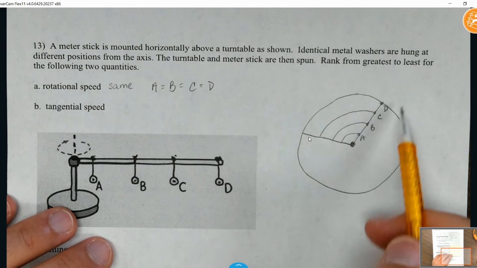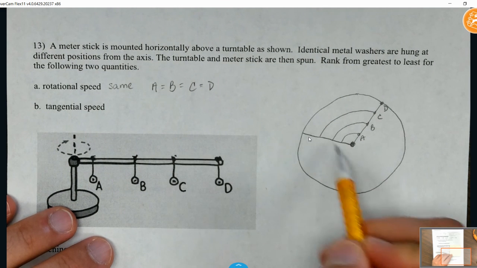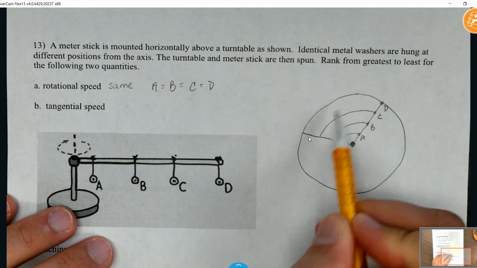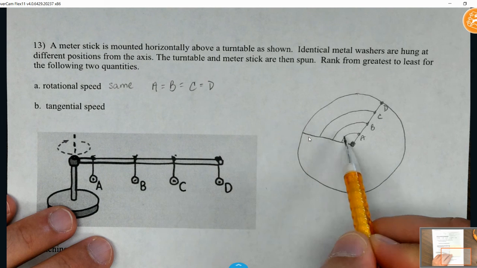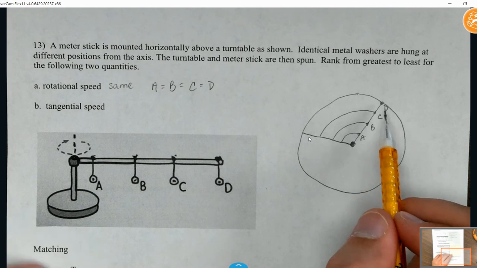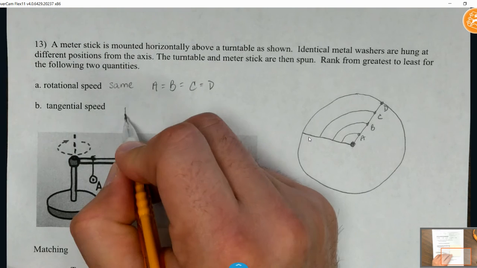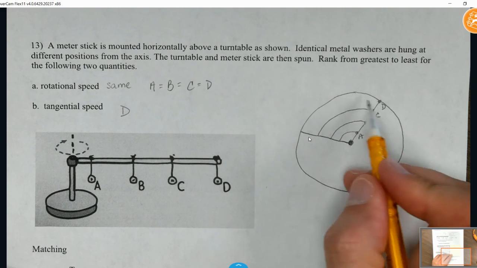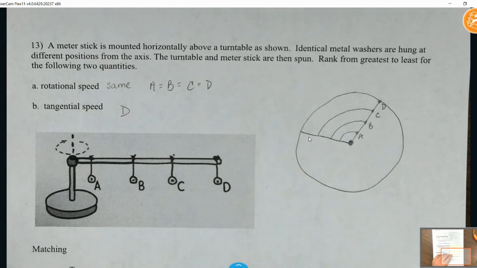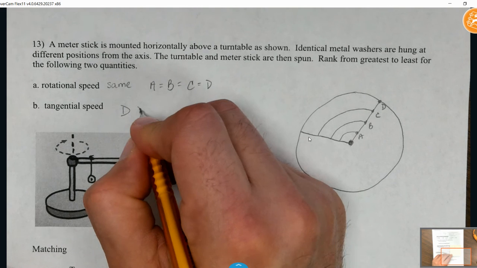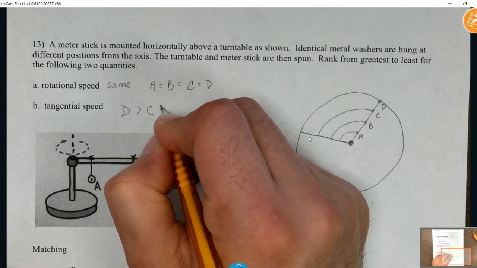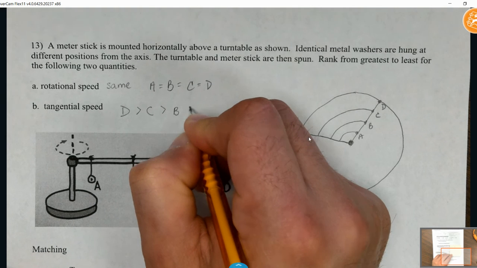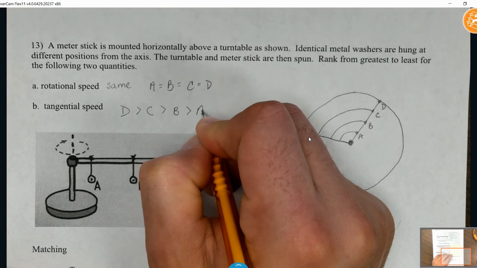In this case, the greatest would be D. If we were to clock the meter stick at this point in the rotation, we would wind up with D having to cover the furthest distance. So we would have D is greater than C, which is greater than B, and B is greater than A.